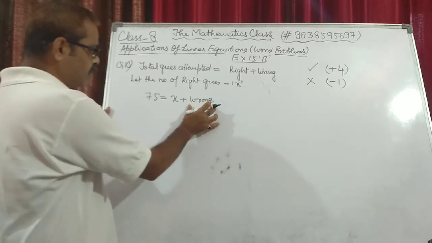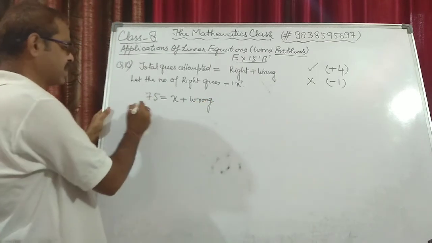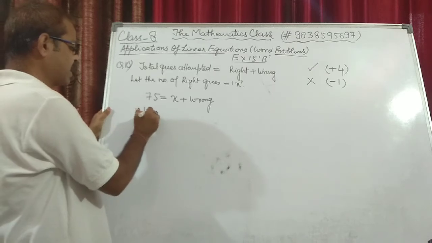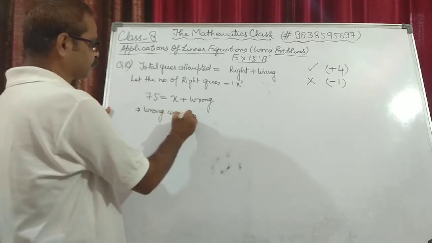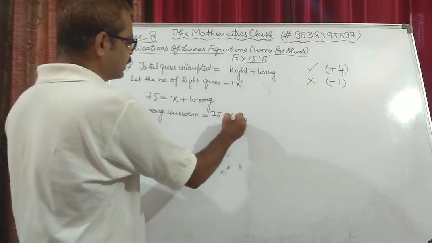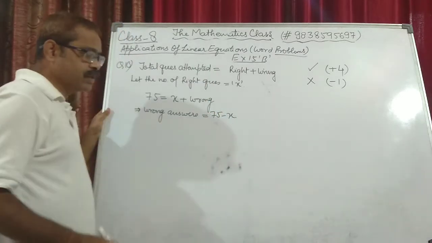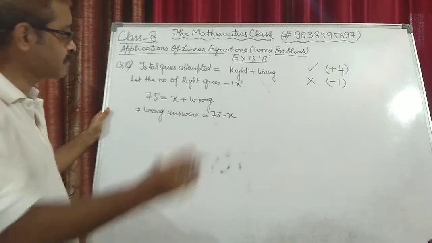So wrongly answered questions will be 75 minus x, implies that wrong answers are 75 minus x. So in this way we got the number of questions attempted right as well as wrong.